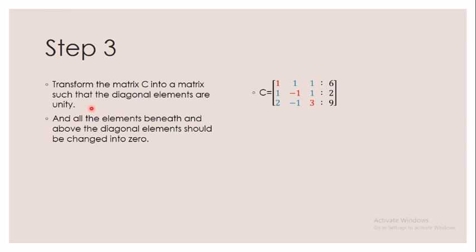Now the difference comes in step 3, that is the difference between Gauss elimination and Gauss Jordan method. After you convert your [A B] into the augmented matrix, the diagonal elements of C over here, which I have highlighted in red, should be converted into unity. That is, these diagonal elements should be converted into 1, 1 and 1, and all the other elements, which are marked in blue, should be 0.